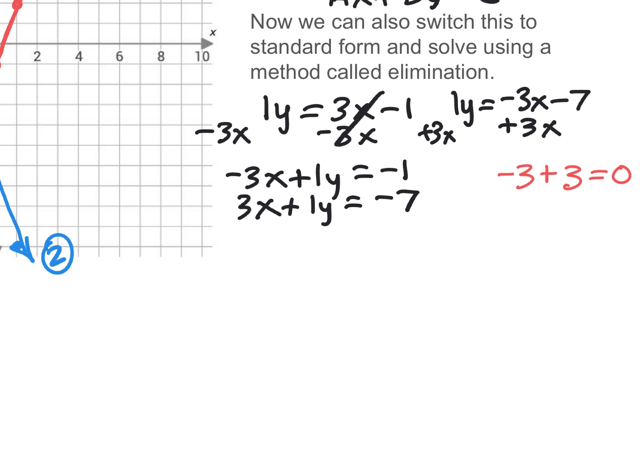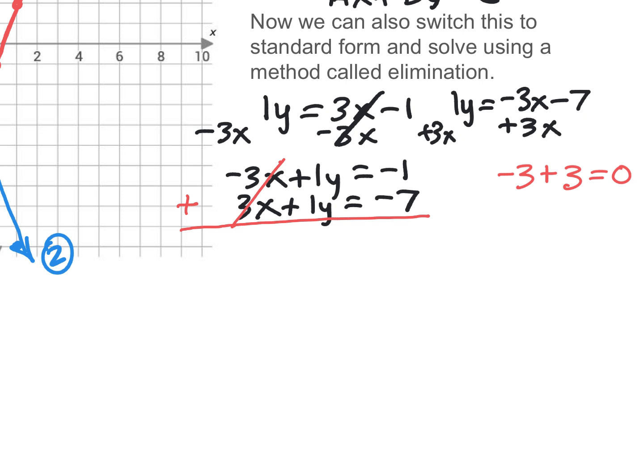So what we're going to do when we solve something by elimination, and we'll learn a lot more about this, this is just a teaser to get you started and see the power in it, is we're going to add these two equations together just like we would a normal number problem, like -3 plus 3. So if we add them together, our -3x and our positive 3x are going to cancel out or be eliminated.